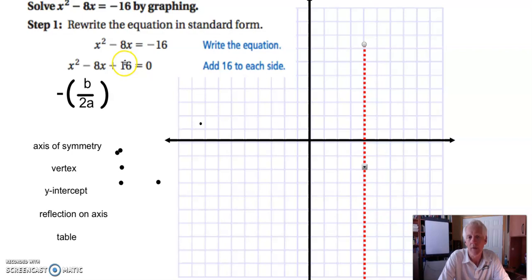So my vertex is 4 and 0, and I put this point right here. I know if that's the vertex, my graph opens upward, so my solution is going to be 4. That's an example of one solution. This solution is 4.